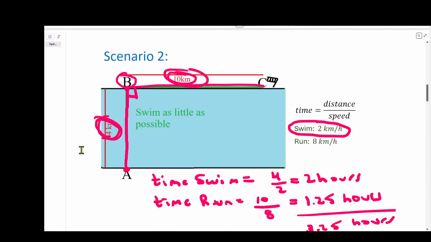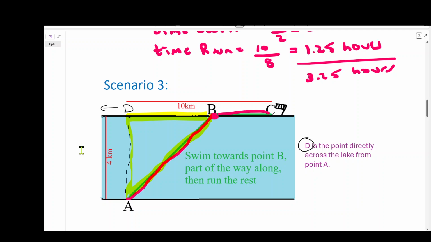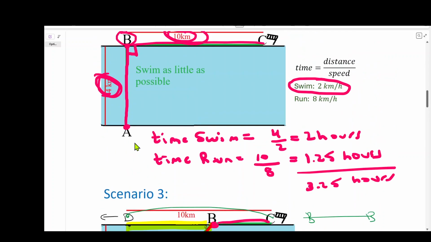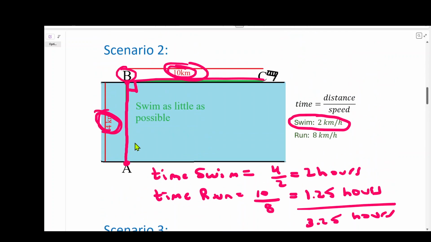And so if you look at any of the diagrams where I have both D and B, like this one, the maximum distance would be 10, because you're not going to put B over here or over here, right? So the maximum distance between D and B is going to be the full 10 kilometers. Actually, that's the one we saw right here, where we swim as little as possible.